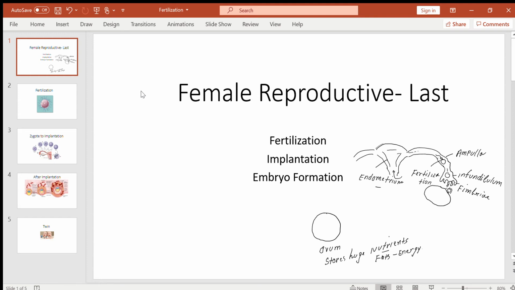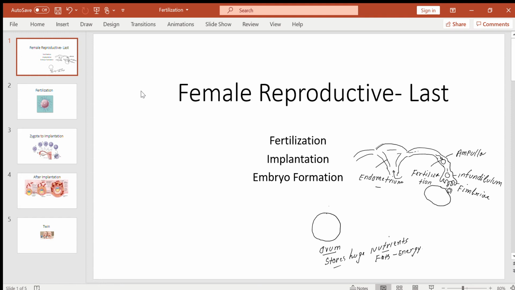Okay, so that's why the egg stores a lot of nutrients and energy. So after fertilization, that fertilized egg will start to multiply, quickly grow, right? So to support the growth of the fertilized egg, you need this stored energy.